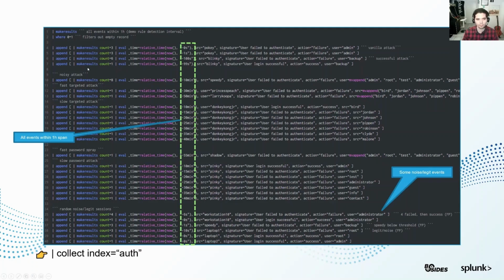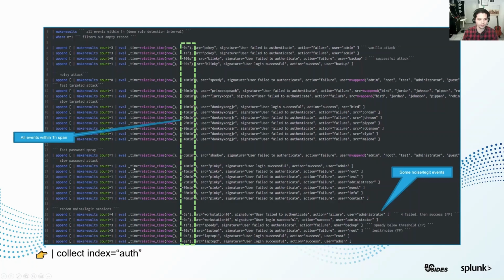I just did some copy and pasting, and with that, I basically set the time for each of those attacks at a certain offset compared to the now time, right? So all those attacks will be within 1 hour.